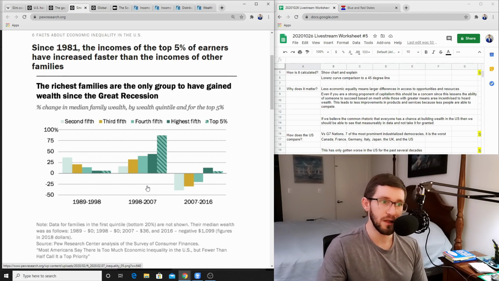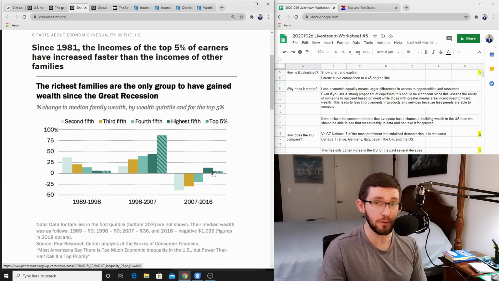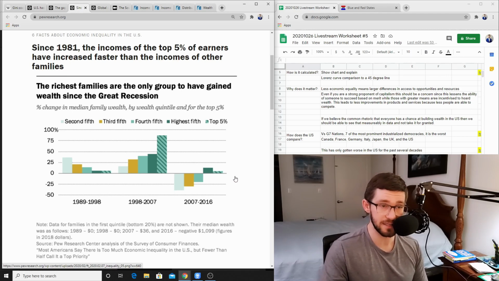So that's dot-com bubble to the 07 to 09 recession, right? Way outpacing everyone else. And then we can see the highest fifth, that means the highest 20% of earners, and the top 5% are the only ones, the only people who have gained wealth statistically in the United States since the Great Recession. Everyone else has lost wealth.